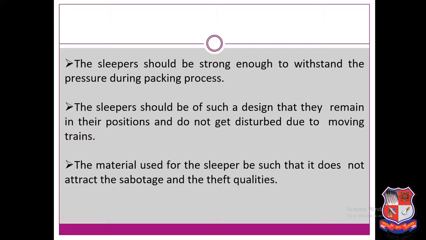The material used for the sleepers should be such that it does not attract sabotage and theft. It means the sleeper material is not of bad quality; the sleeper material is of good quality.